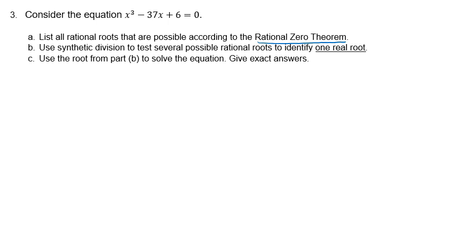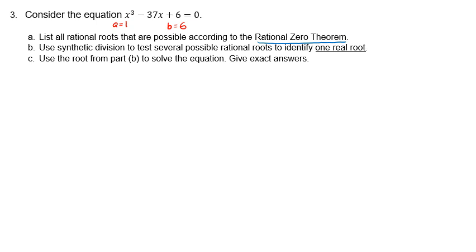A root is an answer. Right? We're looking for roots, we're looking for answers, solutions to this equation. All right, so a is the leading coefficient. We have 1x to the third power, and b is the constant at the end, so b is 6.